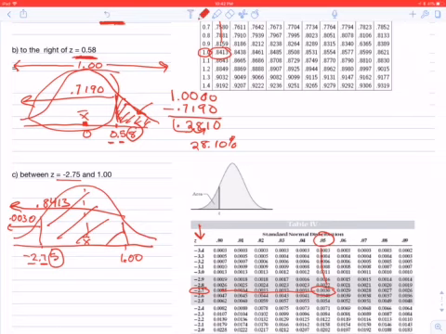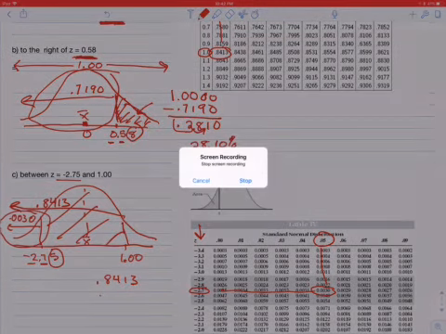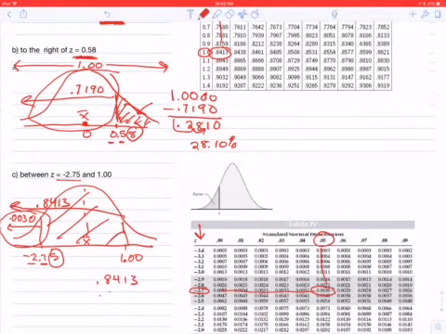So to find the shaded area, I'll take the larger area, that's 0.8413, and I'll subtract the smaller area, 0.0030.